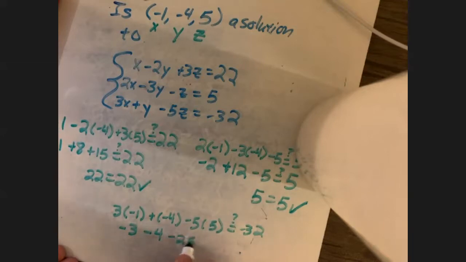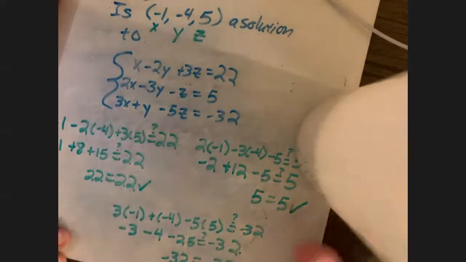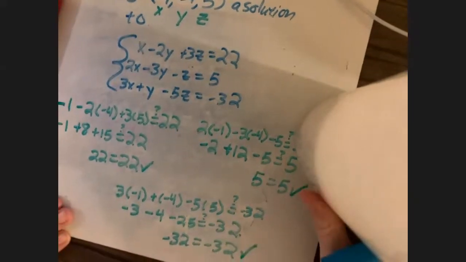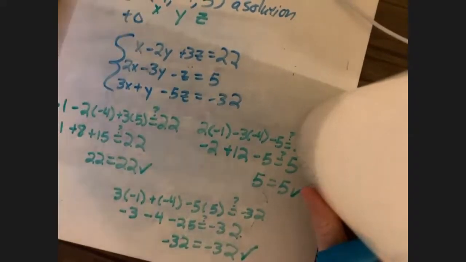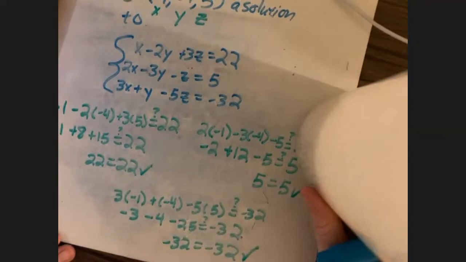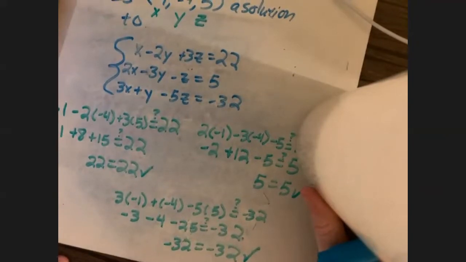Sorry, my brain just went. -3 and -4 is going to be -7. -7 minus 25 is -32. So since all three of them worked, okay, then yes, that is a solution to that problem or to that system.